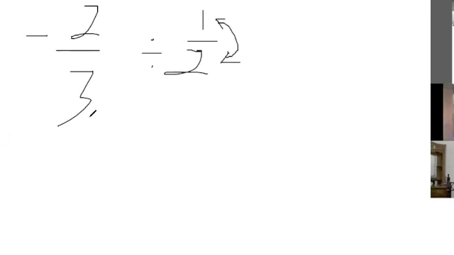So now the new thing is going to be multiplied times 2/1. So now you just multiply across. So this multiplied times that, and then that multiplied times that.